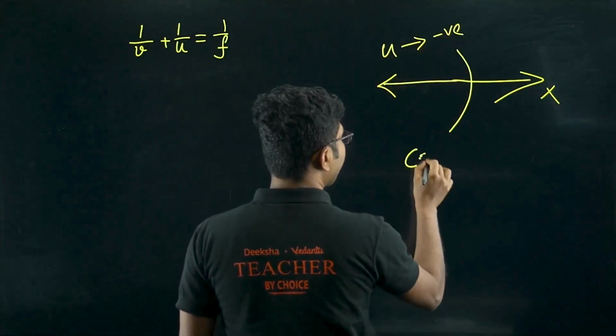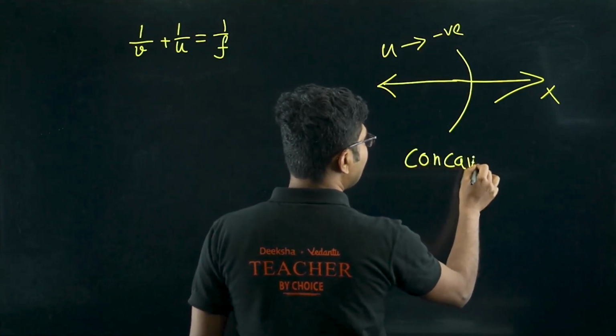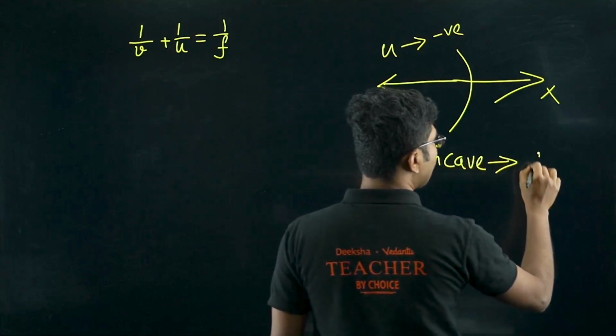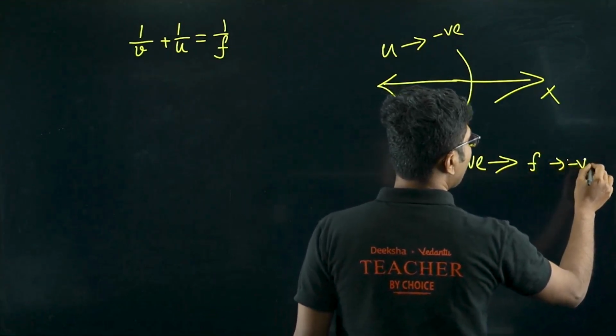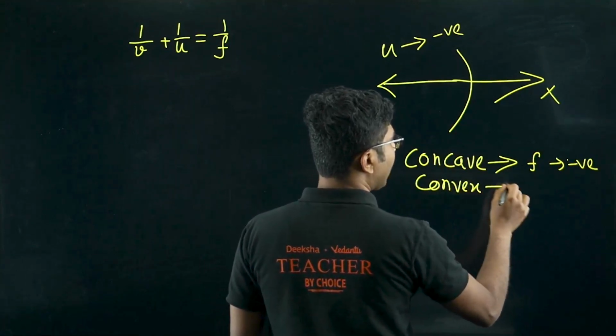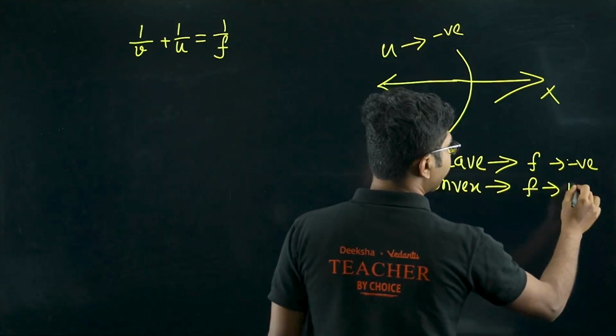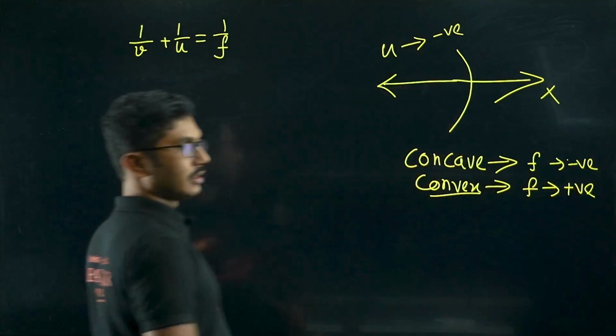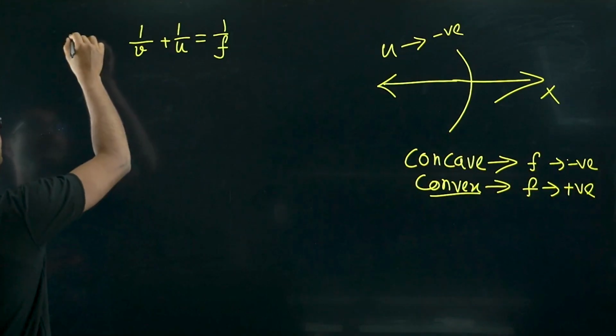For concave, maybe lens, maybe mirror, focal length is always negative, and for convex, focal length is always positive, be it lens, be it mirror, does not matter. This is the mirror equation.